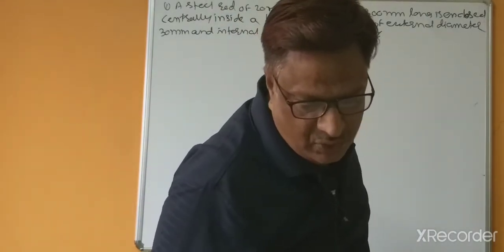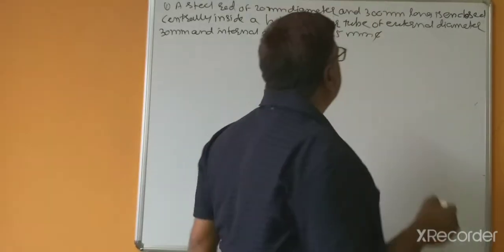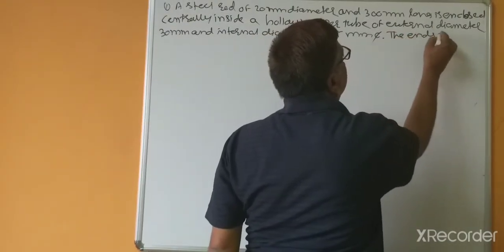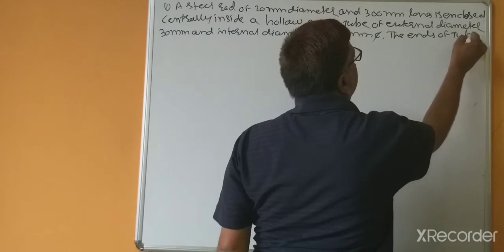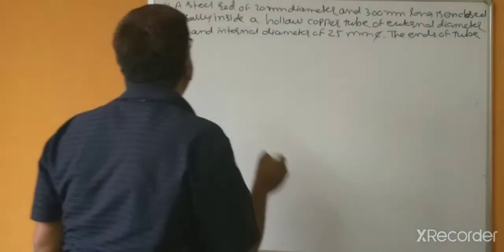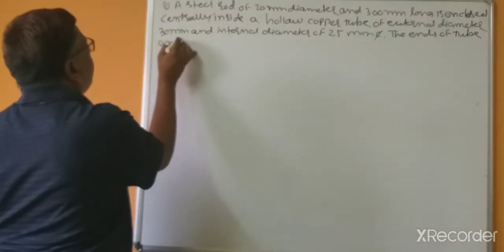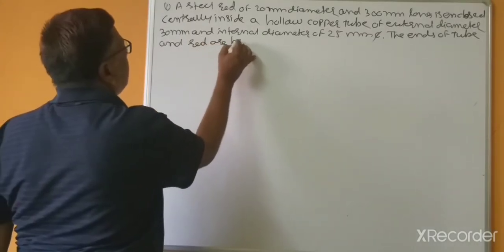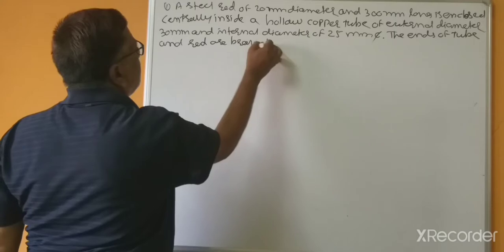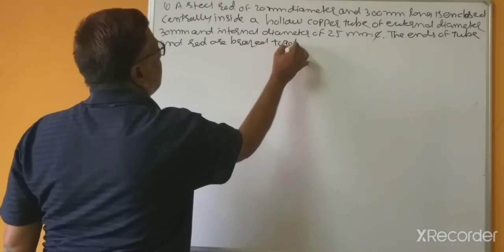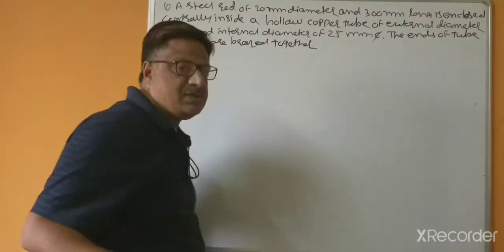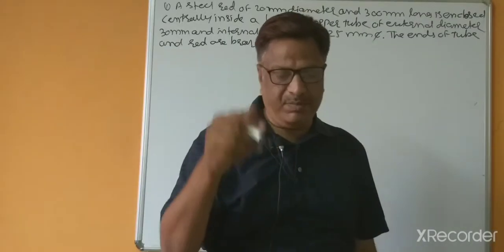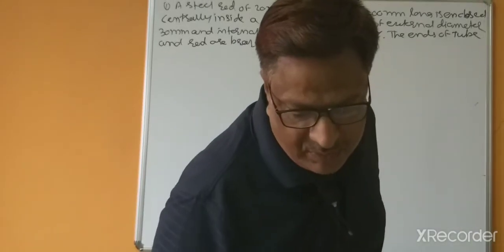The ends of the tube and rod are brazed together. Both are fixed in the two plates by that brazing.